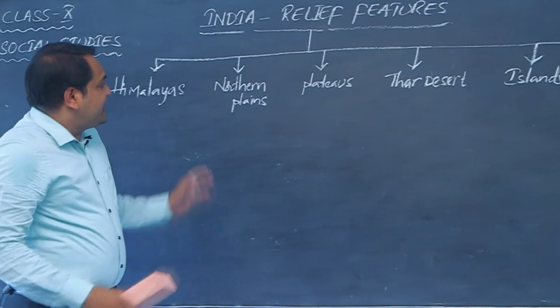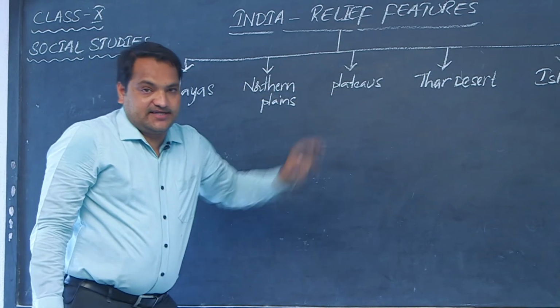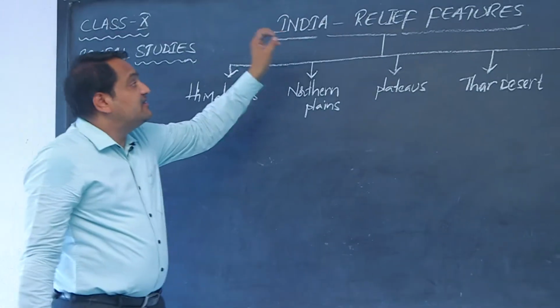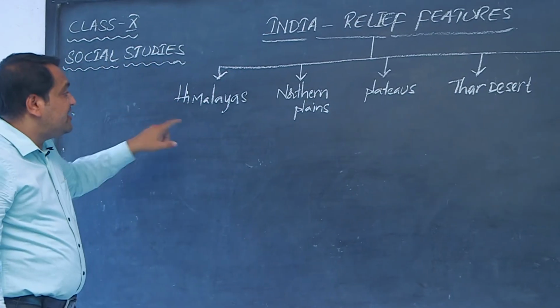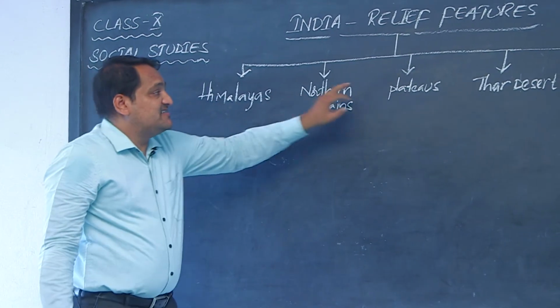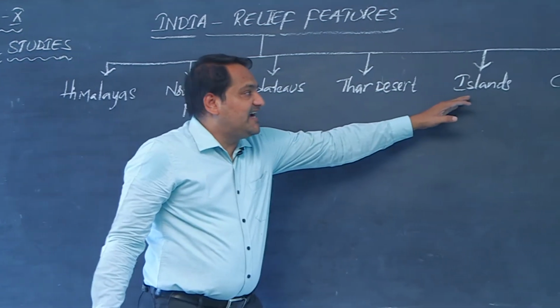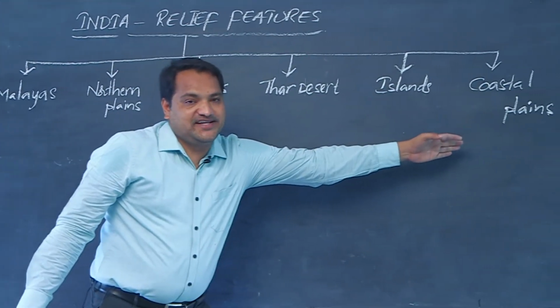Let us discuss all these relief features in detail one after the other. First, what are the relief features that we find in India? Himalayas, the northern plains, plateaus, Thar desert, islands and coastal plains.